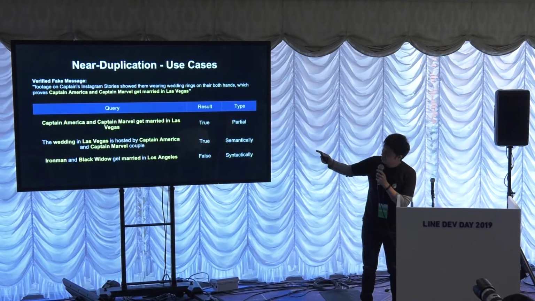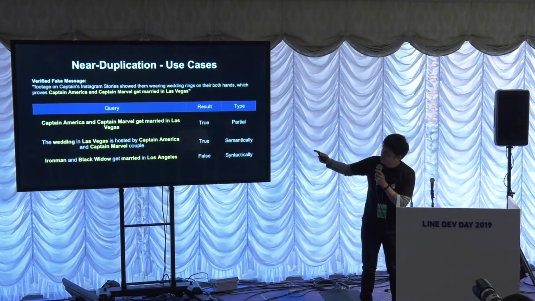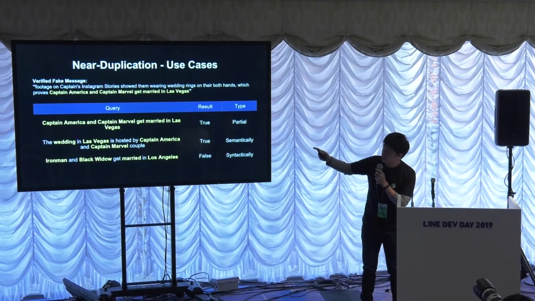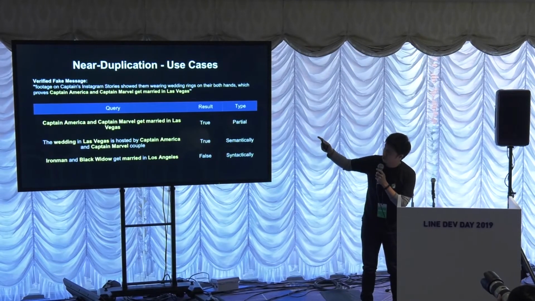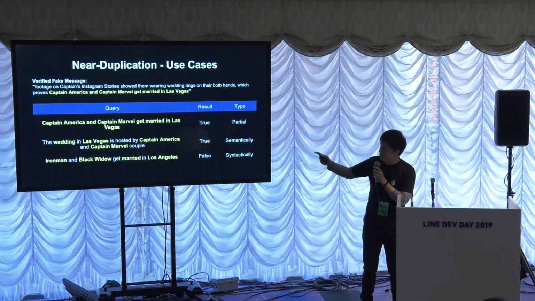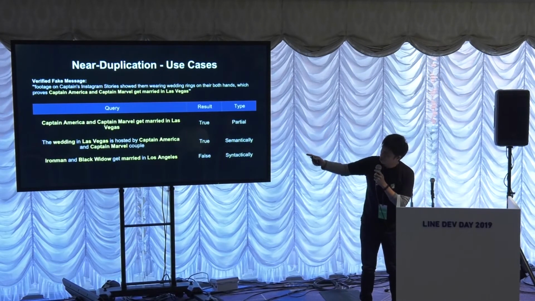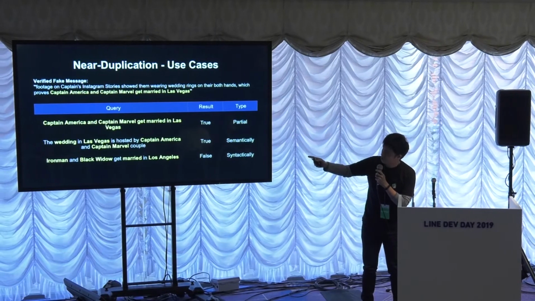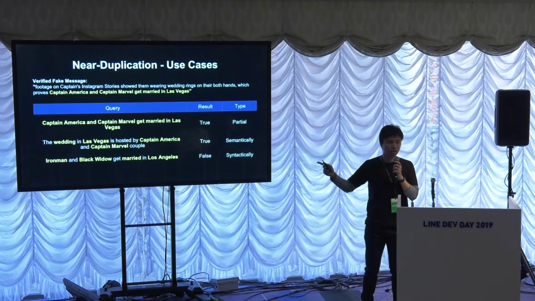Then when a user queries different kinds of messages, the first one is a partial match, where the message is part of the original message. So we treat this as a similar one. In the second one, the wording has changed, like married changed to wedding, but the whole sentence still has a similar semantic. So we treat this as a similar one as well.